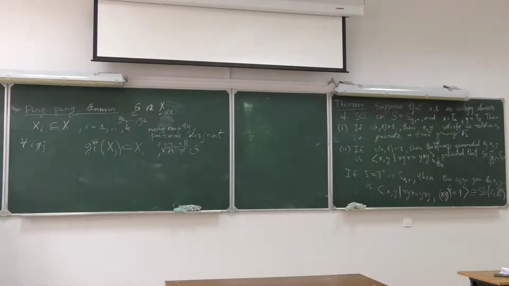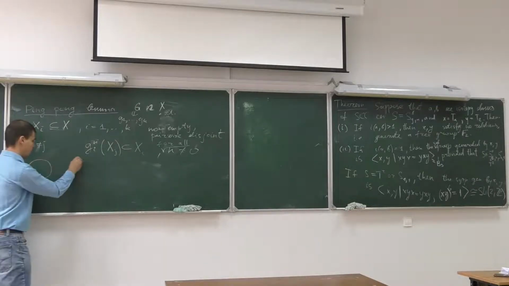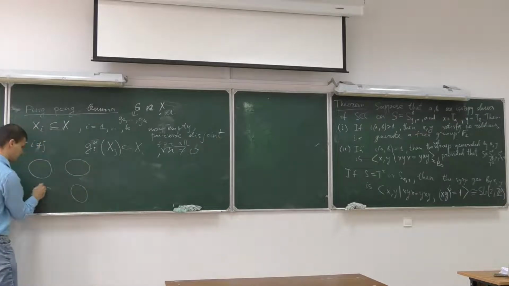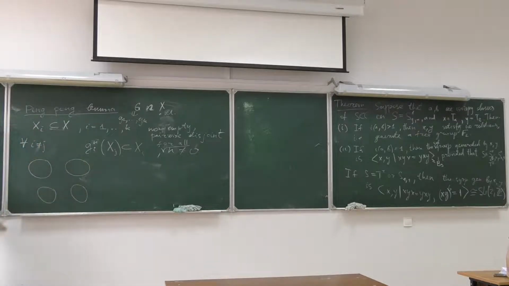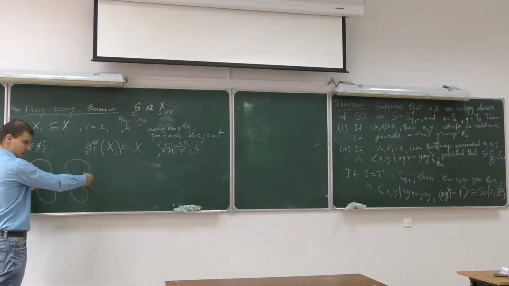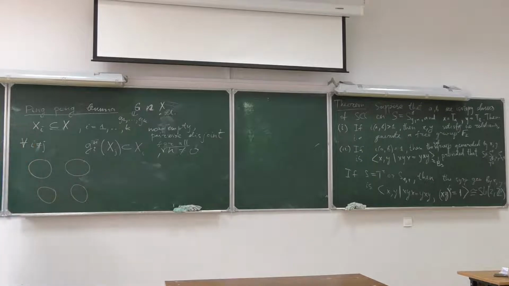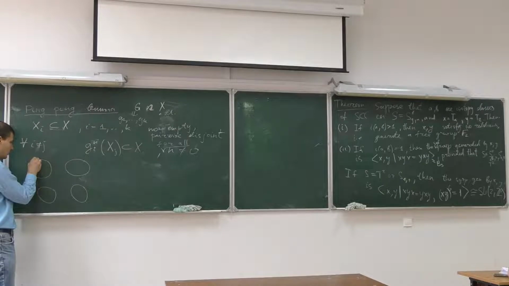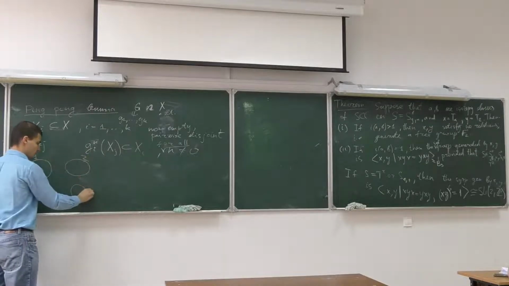So the picture is the following: we have several disjoint sets. They do not constitute the whole X. Maybe something else is here, but if we take this one as 1, 2, 3, 4.